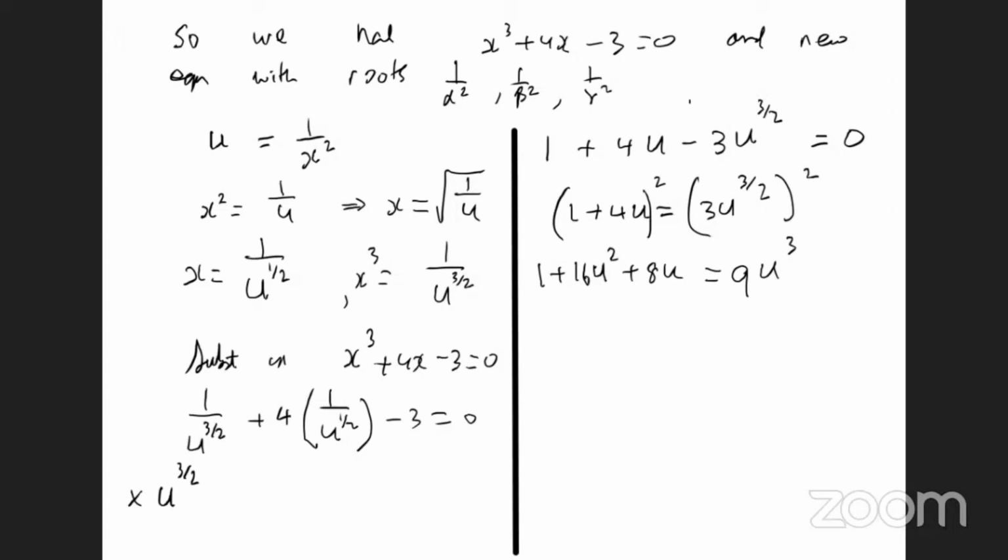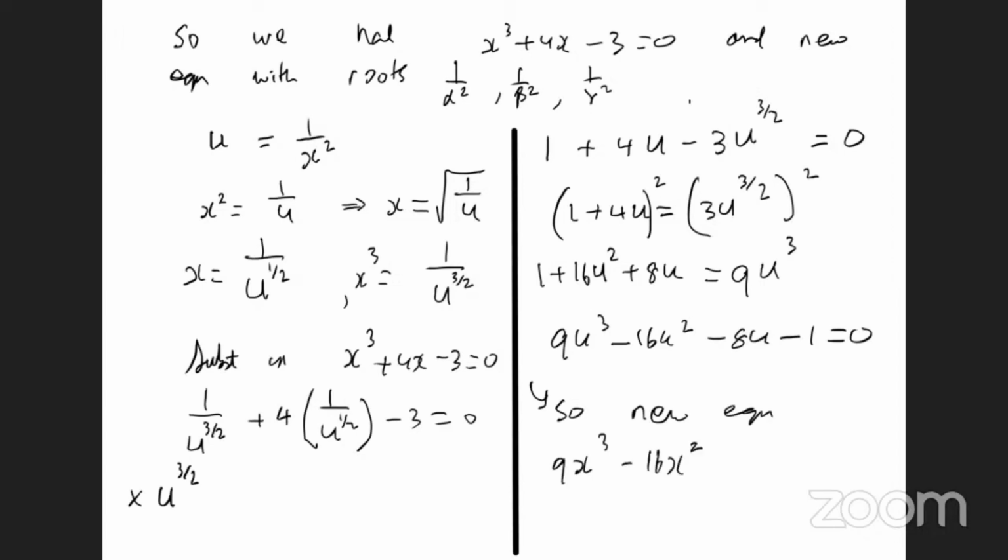Now bringing everything on your left side, I'll get 9u cubed minus 16u squared minus 8u minus 1 is 0. Right? So the new equation is, I just changing the u back to x, right? 9x cubed minus 16x squared minus 8x. Same thing as before. Yeah?